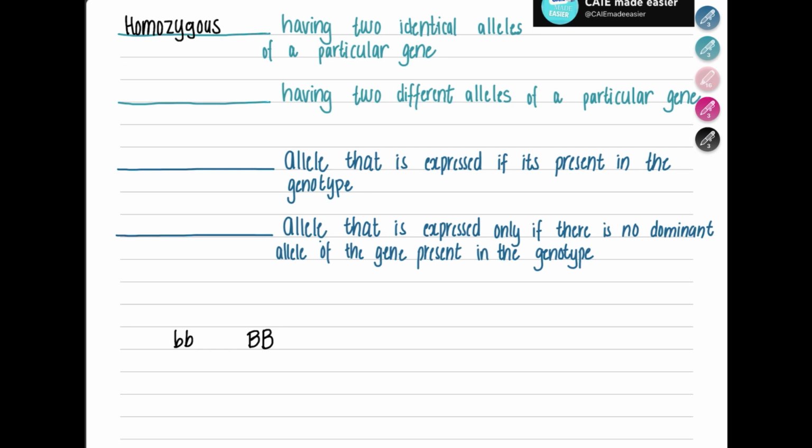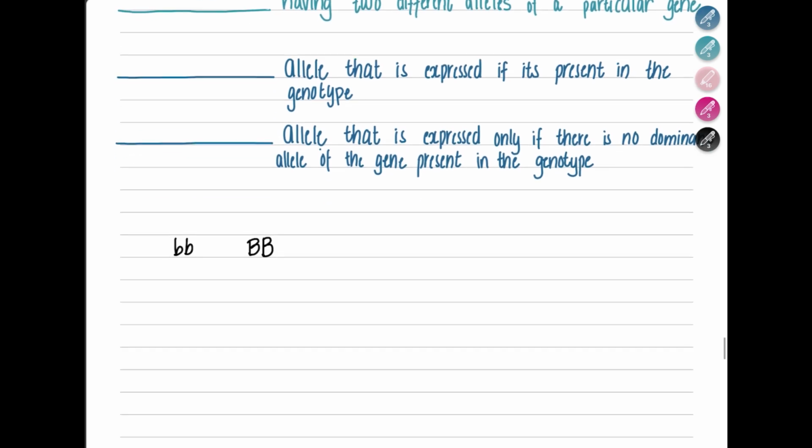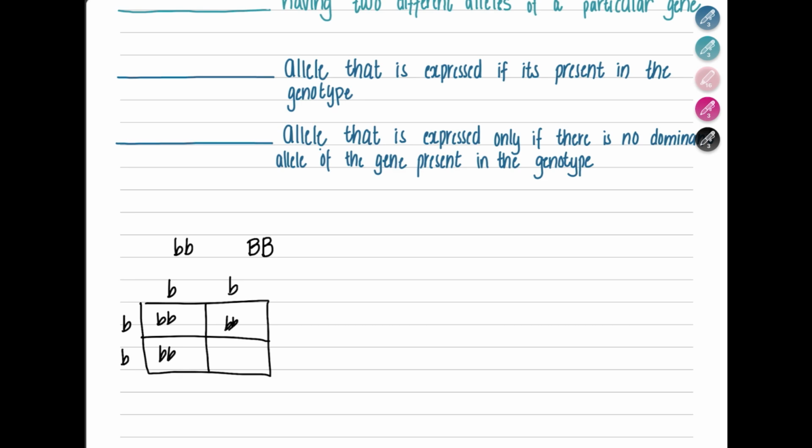Note, whenever two homozygous individuals breed, we can make a Punnett square here. The individuals will always be pure breeding. Okay, BB. Pure breeding, that means it's going to be 100% BB.